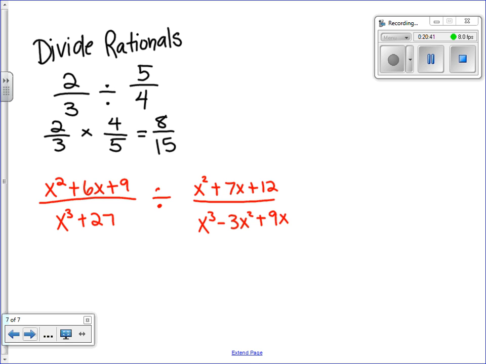You flip the second one and multiply. It's just that this one has a lot more factoring than this did. And these fractions are easy to reduce when you compare them to these fractions. Okay?